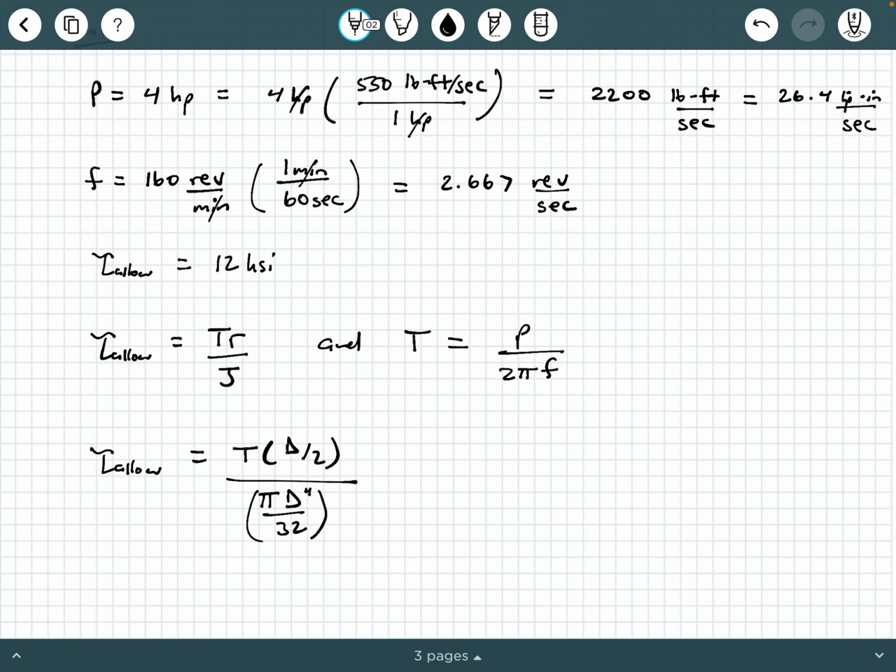And so we can do a little bit of algebra and consolidate these fractions, and consolidate the fact that we've got a d here and a d to the fourth in the denominator.